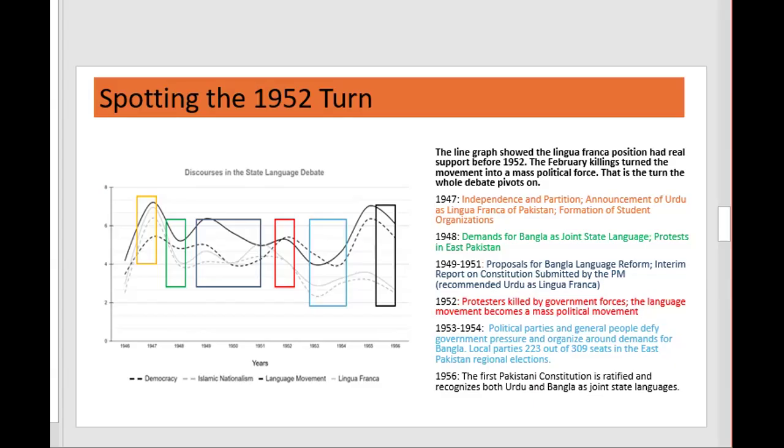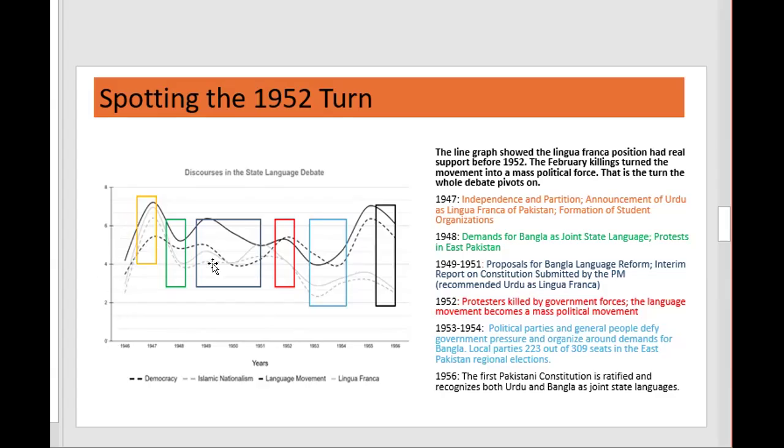You have these four: democracy, Islamic nationalism, language movement, lingua franca. If you look at the corpus of the event from 47 to 56, these thematics move up and down in terms of salience, in terms of the percentage of the words in the overall discourse.